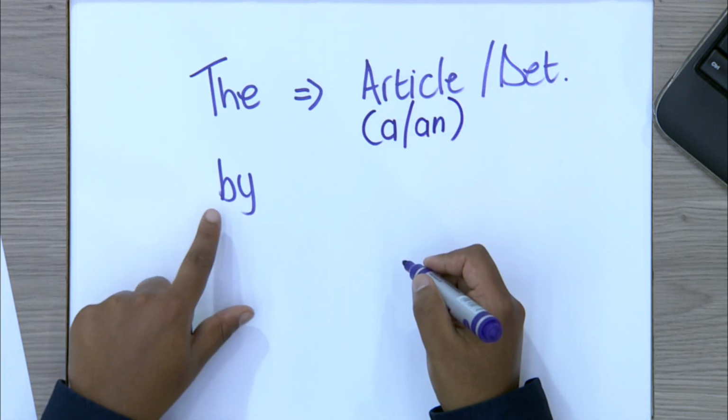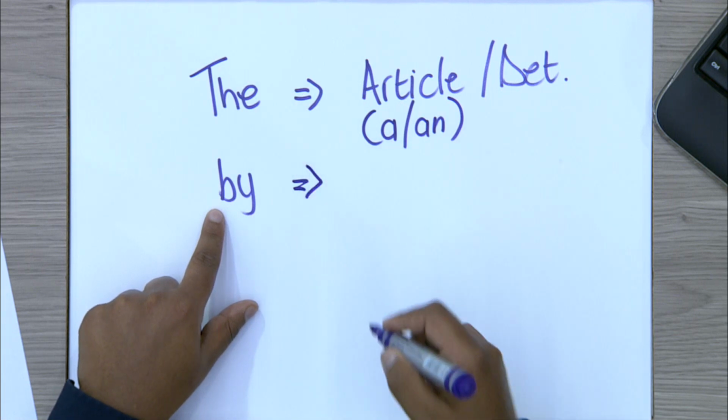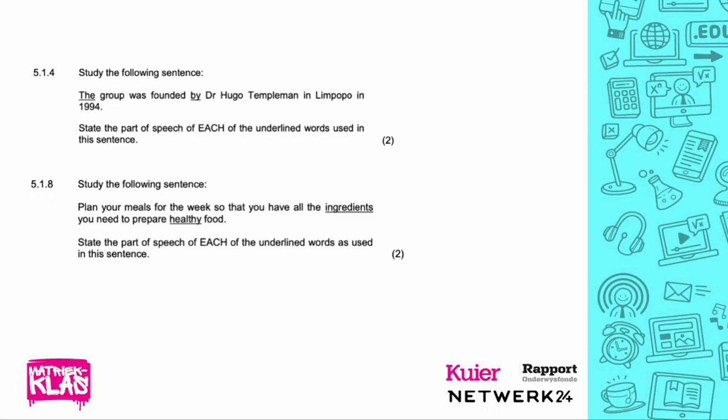Okay? Now, by. Where does by fit in? I need to ask myself. So, I go back to the sentence. It says the group was founded by Dr. Now, automatically the by tells me I must think further quickly to my parts of speech. Because the preposition told me it would bring the two things together.